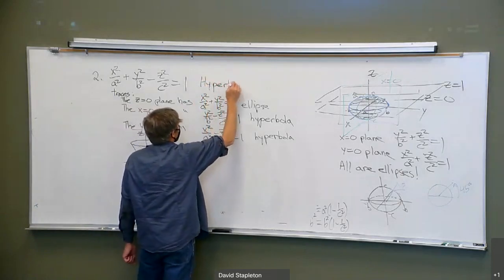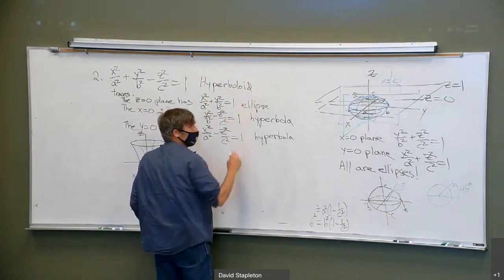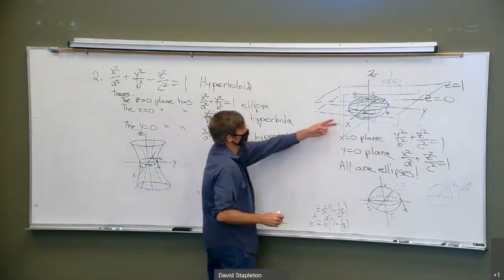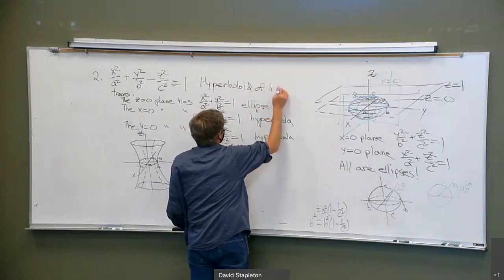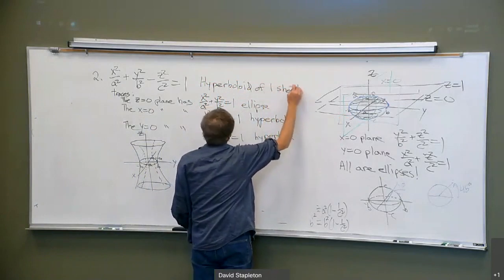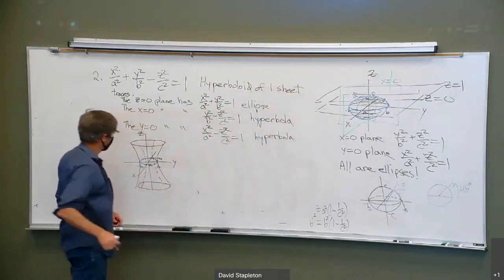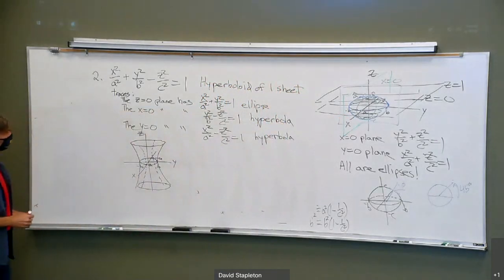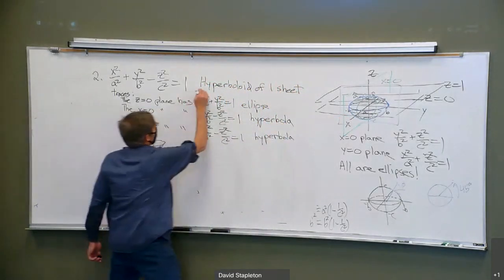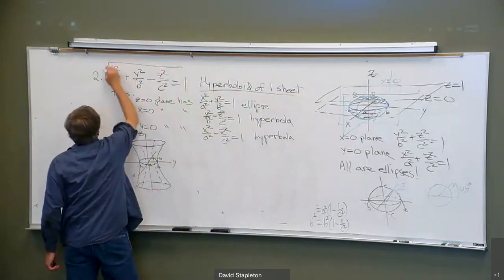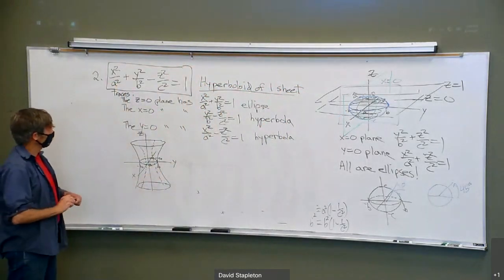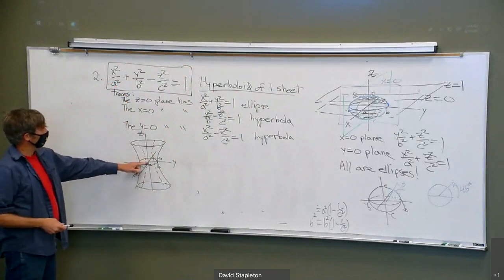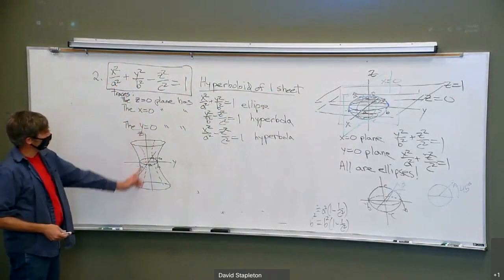Now you can see also that these names give you a hint what it looks like. The ellipsoid, all the cross sections are ellipses. Hyperboloid of one sheet, lots of hyperbolas: hyperbolas in two directions and ellipses in the other direction. So this will be the second one, equation 2. This is the standard form of the equation. It puts the center at the origin and orients it up this way.